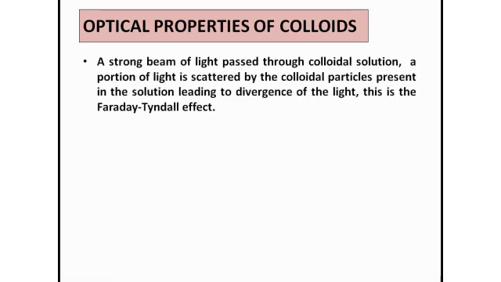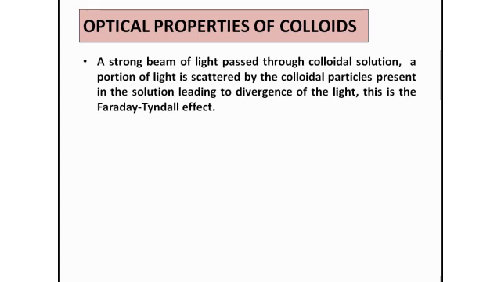What is that? We have all observed that whenever a strong beam of light is allowed to pass through a colloidal solution, a portion of the light is scattered by the colloidal particles present in the solution, which leads to the divergence of the light.